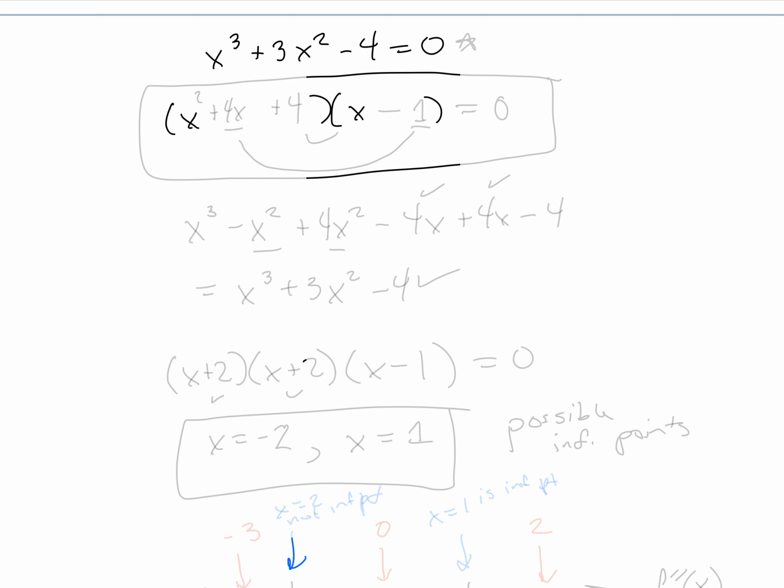It makes sense to have the 4 be positive potentially, because we've got a 3x squared, but we sort of have to do some playing around. Let's do a 4 there and a 1 here. So one of those has to be positive, one of those has to be negative in the end.